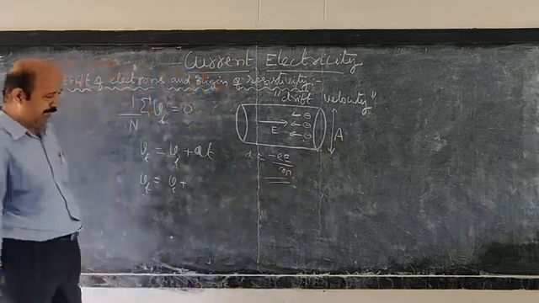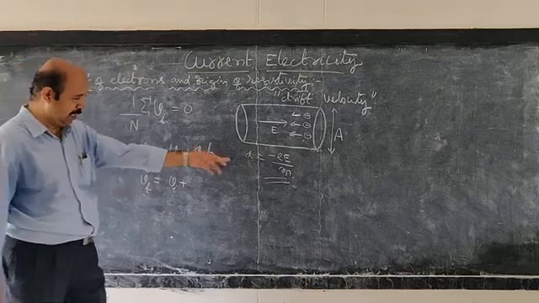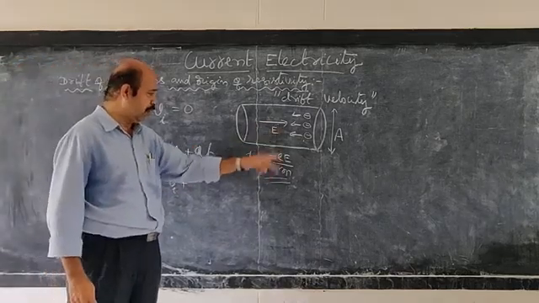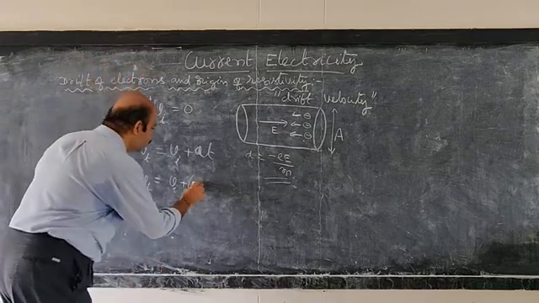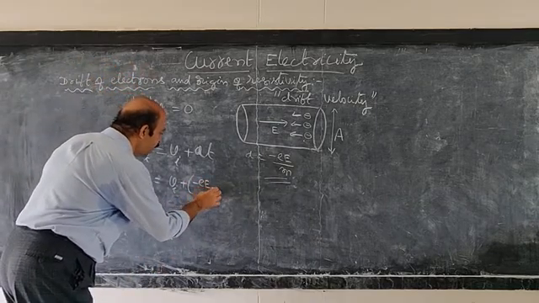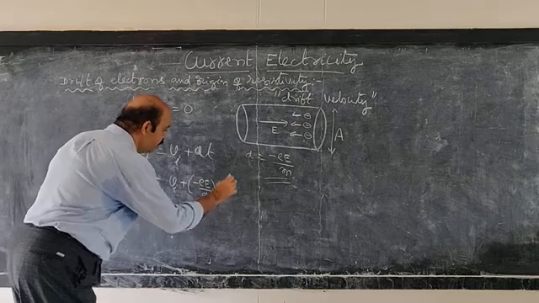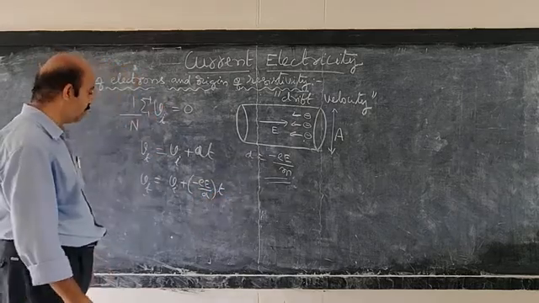This is the acceleration because eE is the electric force on the electron and m is the mass of the electron. So we write minus the acceleration into the time you are considering.